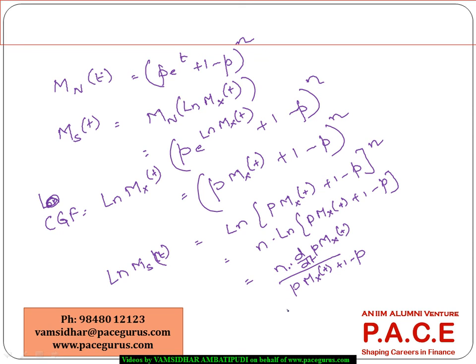So np over (p MX(t) plus 1 minus p), times d by dt of MX(t). Now the same logic: if I keep continuing in each of the layers, it's very comfortably working out for me that I do a differentiation of it twice. Now let's do it.